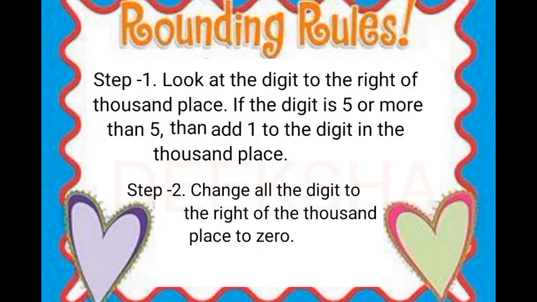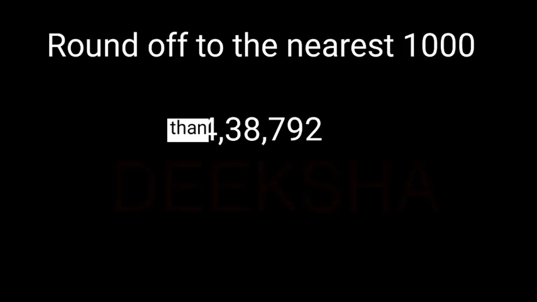Now to round off any number, we need to follow two basic steps. To understand these steps in a better way, let us take an example. Suppose the given number is 4,38,792 and you want to round off this number to the nearest thousand.